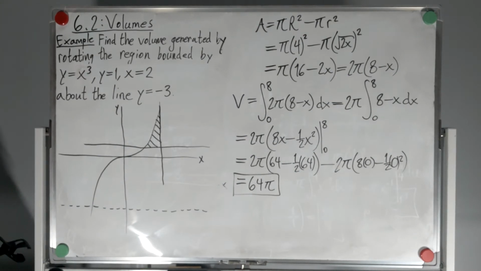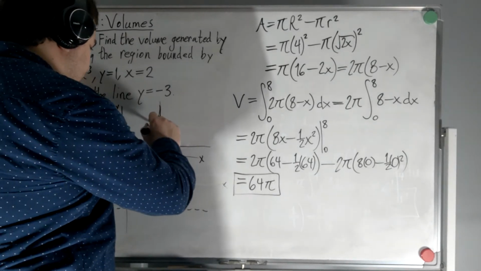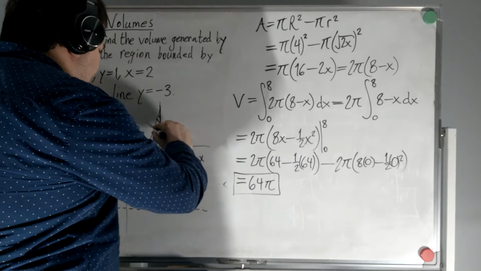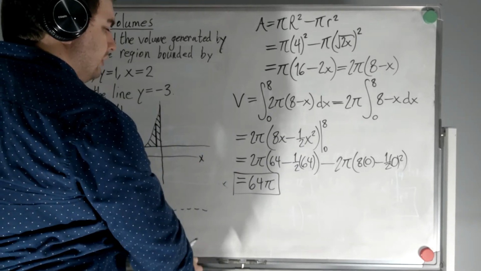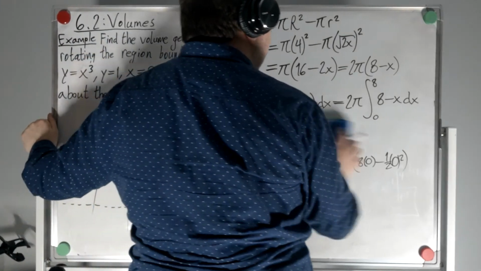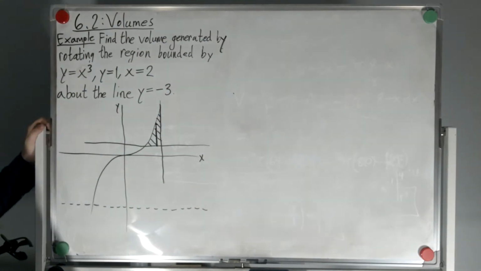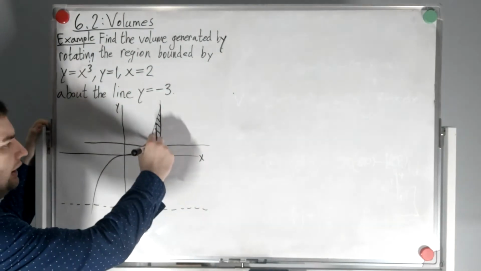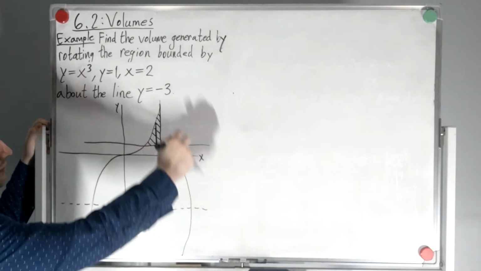Okay. The procedure is the same, but now we have to be a little more conscious about what the inner and outer radii are. We take a typical slice of this region. When you rotate that around the line y equals -3, you're going to get some kind of circular washer.